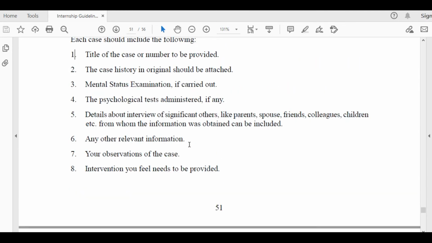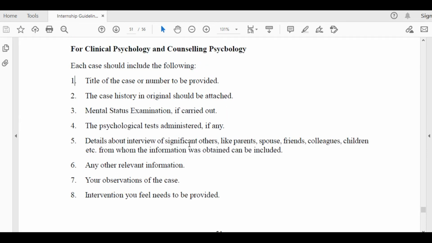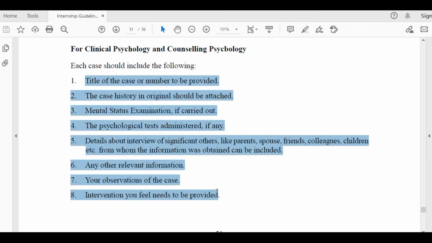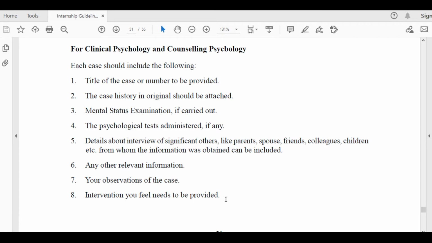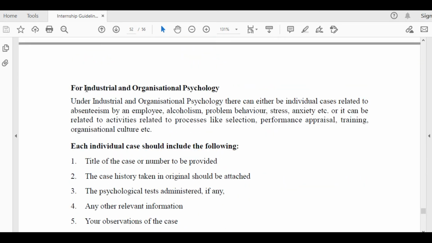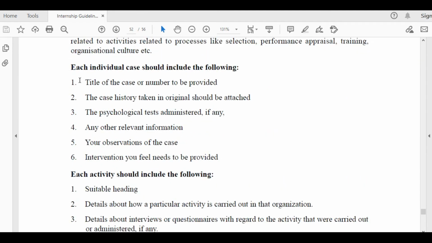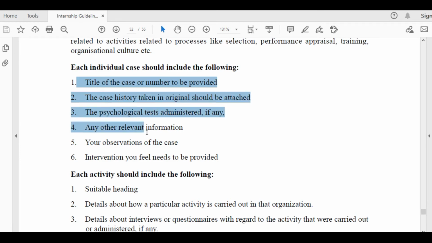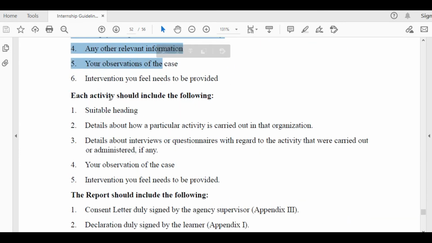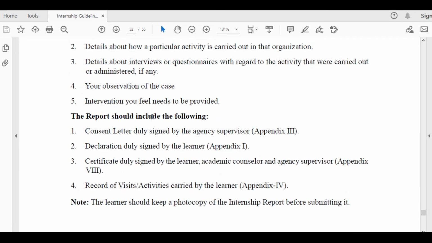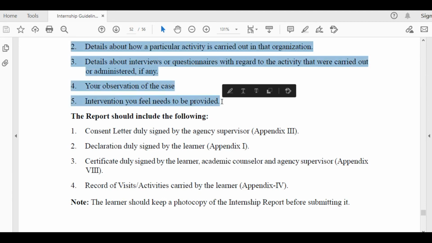All these points are required for each case. So case 1, 8 points, case 2, all these points. These points are for clinical and counseling. For industrial and organizational, the points are very different. You can see each activity should include the points written over there.